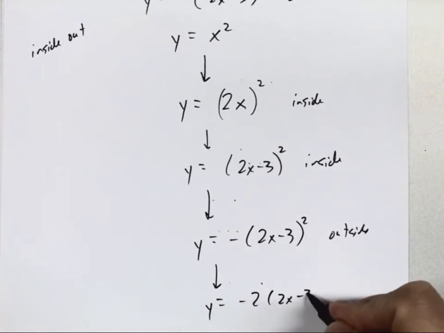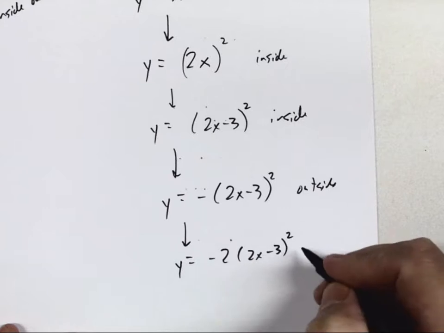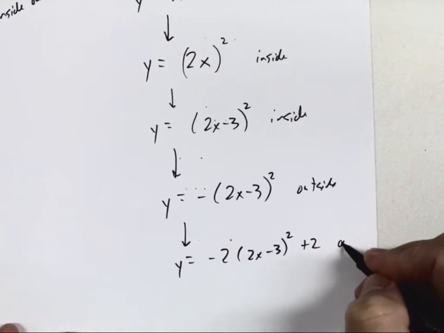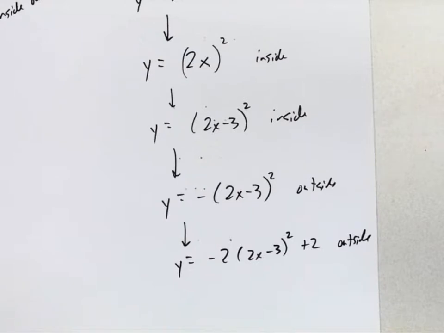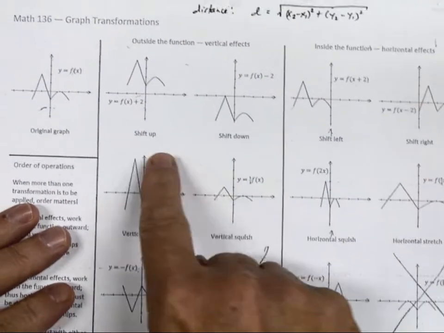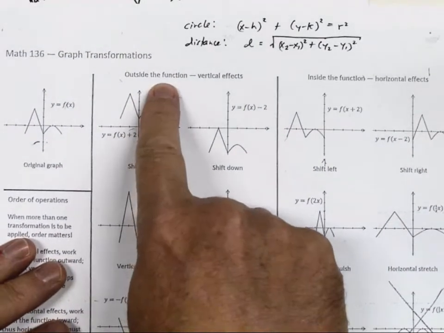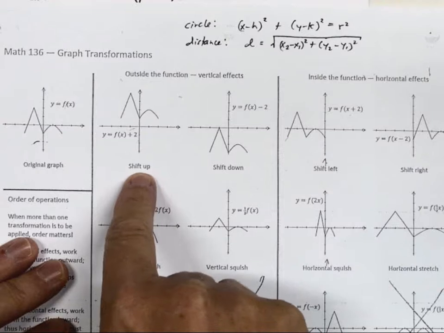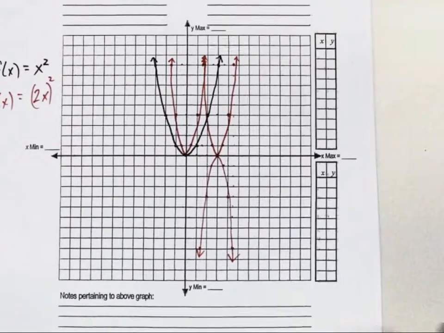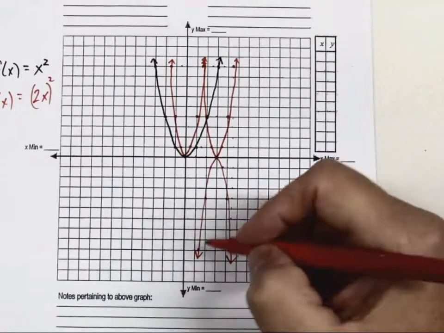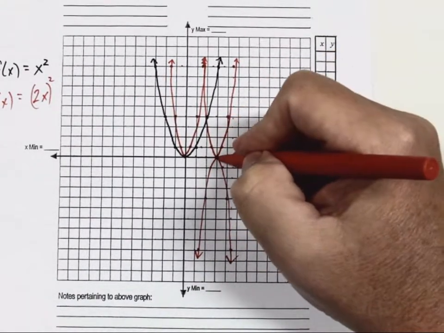And that is outside the function. So I go to my cheat sheet and say, what's the effect of adding 2 outside the function? It's right here, outside the function, adding 2, it shifts it up. So now I'm sitting right here, and I've got to move this up 2.